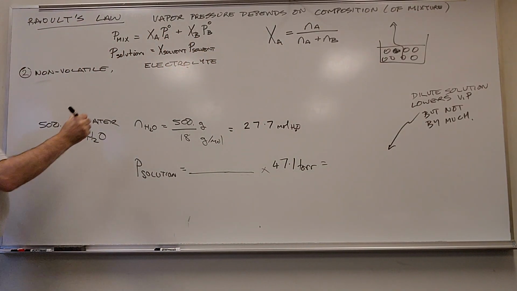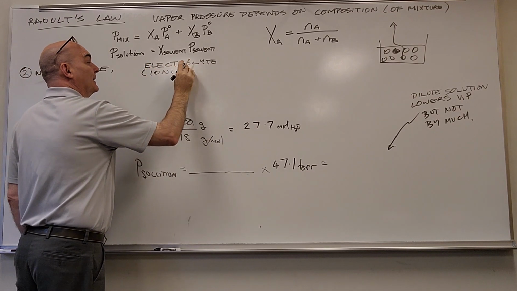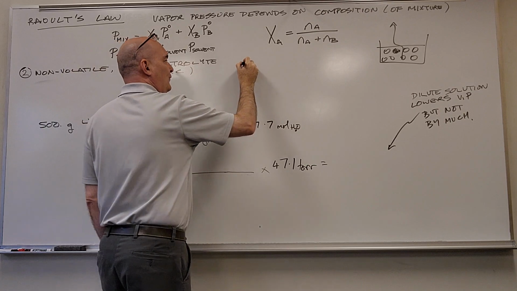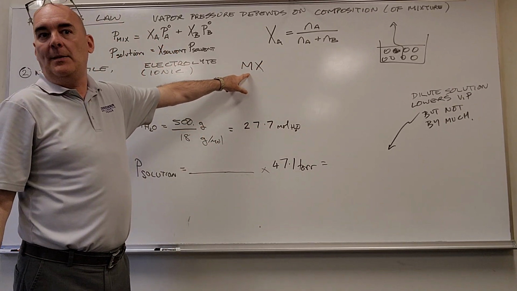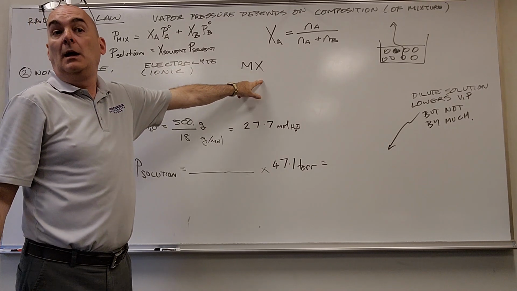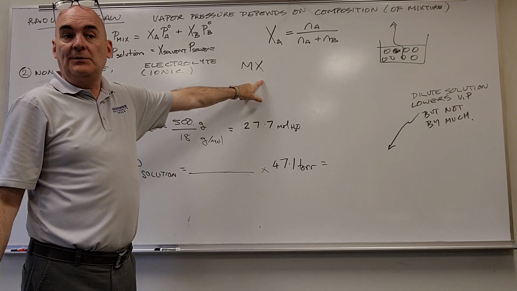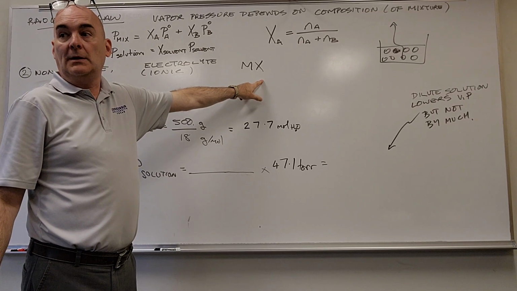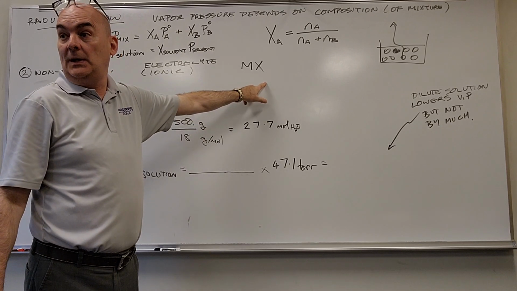In order to be an electrolyte, you get to be ionic. If you are a salt made of this metal, there is no metal M on the periodic table. We use M to be the generic metal. X, there is no X on the periodic table. We use it to mean the generic non-metal. Metal, non-metal. Left-hand side, right-hand side, periodic table.